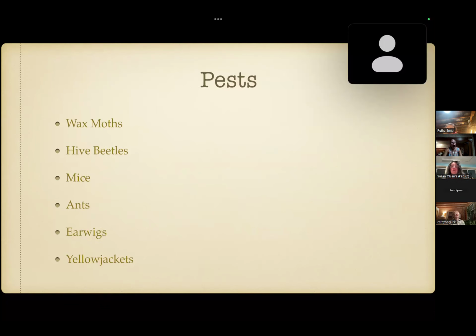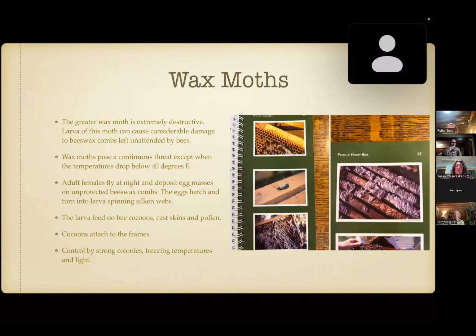All right, pests. Wax moths, hive beetles, mice, ants, earwigs, and yellow jackets. The two you need to pull away from here, first is wax moths. Wax moths, for the most part, with a healthy hive, are not an issue. You've got these cute little moths. That middle picture on the left-hand side is just that cute little moth. But that female will go and lay eggs in your wax, in your frames.